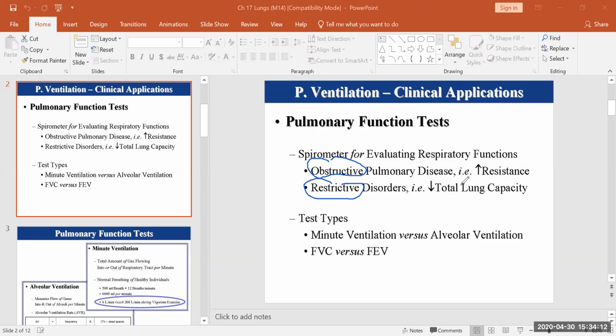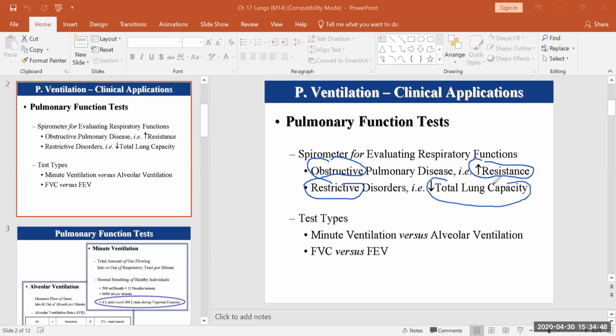So what's the difference between the two? Obstructive pulmonary disease is caused by an increase in resistance. So the resistance to airflow has been increased, and the patient is having a hard time inhaling air into his or her respiratory passageways. Whereas with restrictive disorders, we're talking about a significant decrease in total lung capacity.